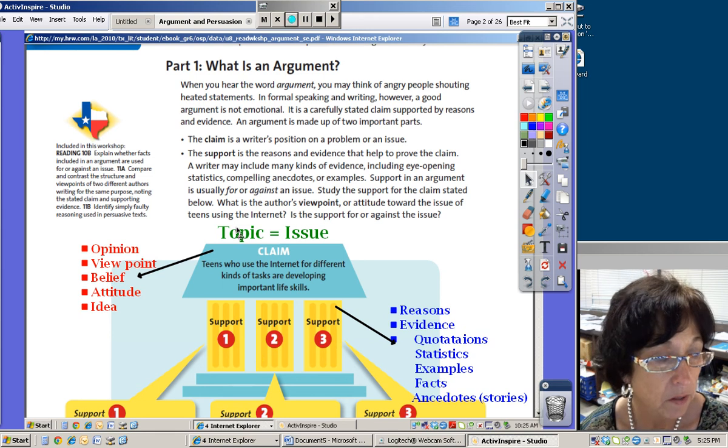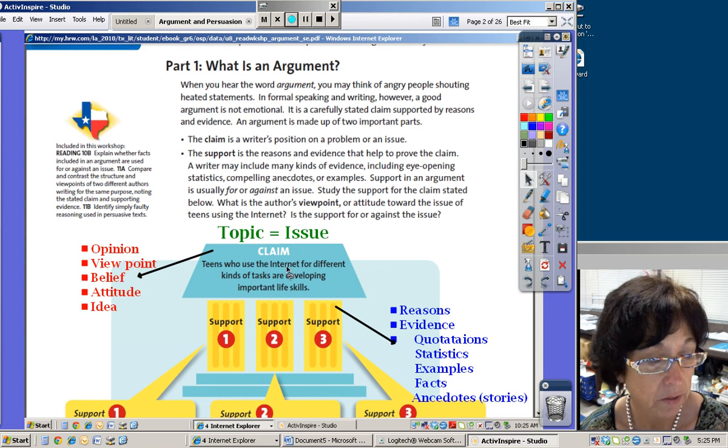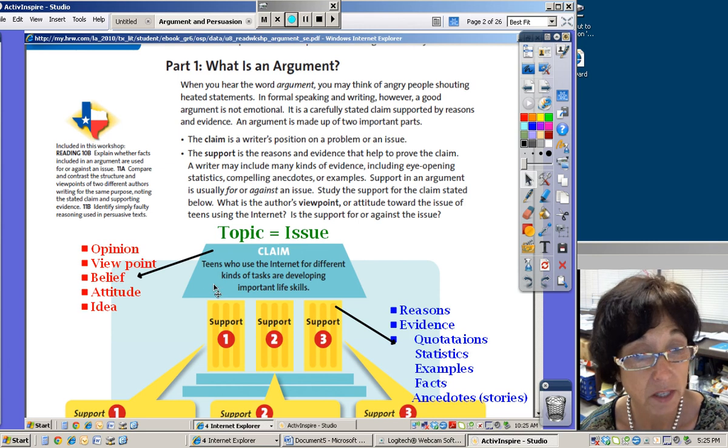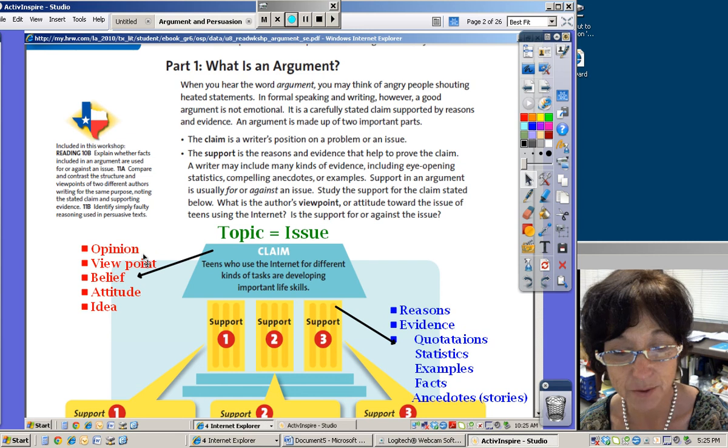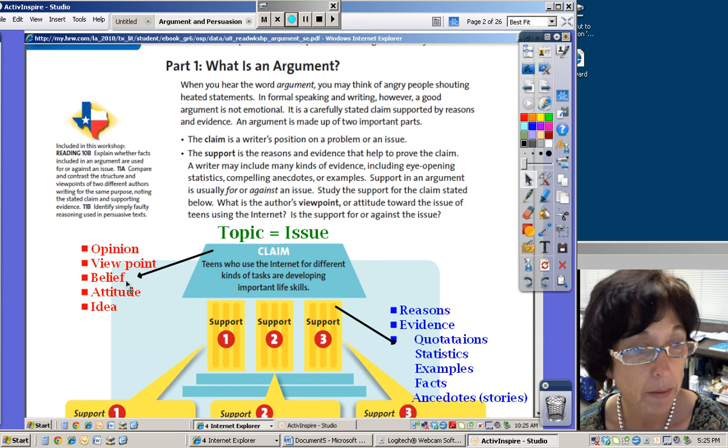Your topic is here, it has to do with teens and the internet. They are claiming that teens who use the internet for different kinds of tasks are developing important life skills. So this claim, another word for claim is an opinion. It's the writer's viewpoint, maybe their belief, their attitude, or their idea. Those are other words for claim.